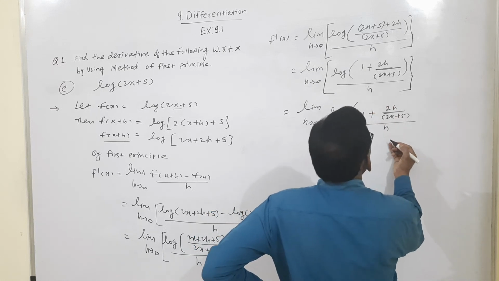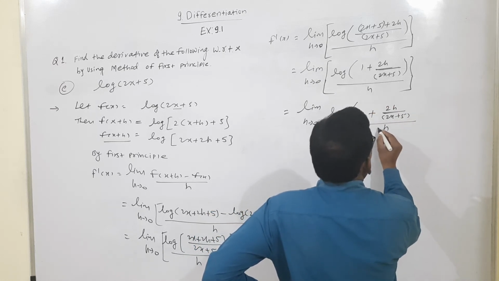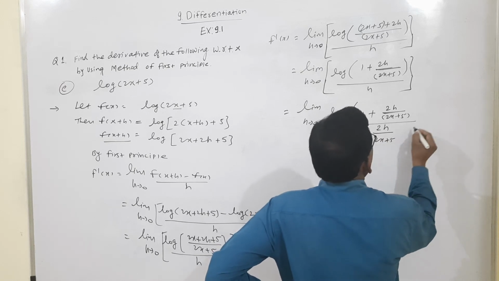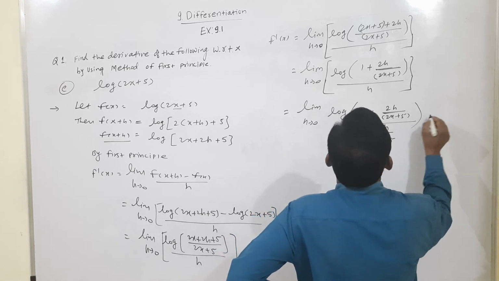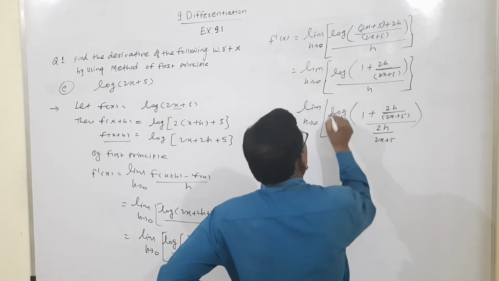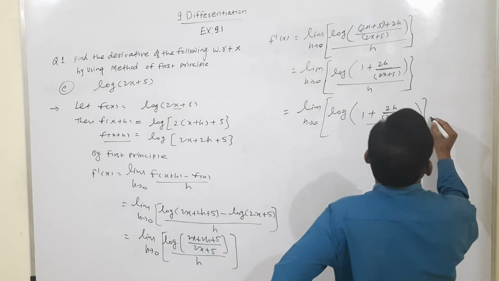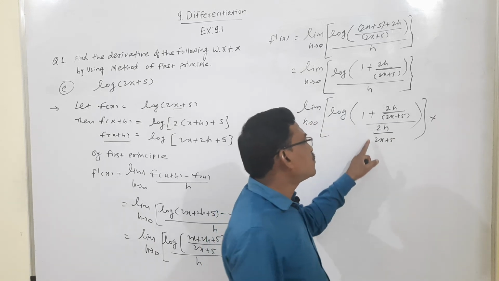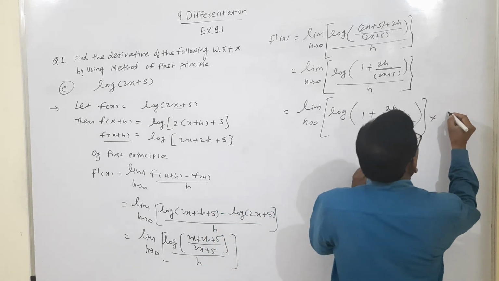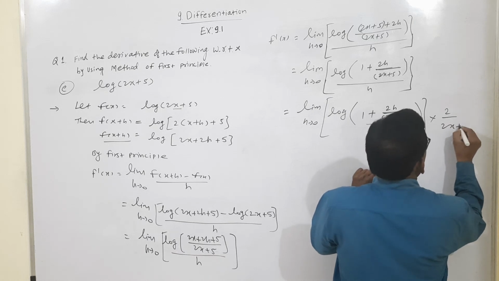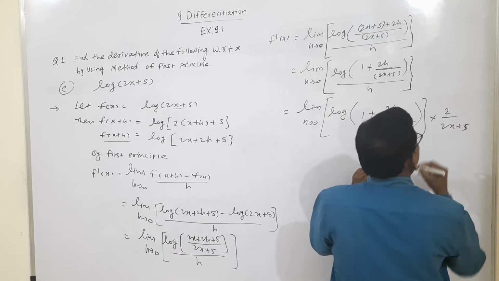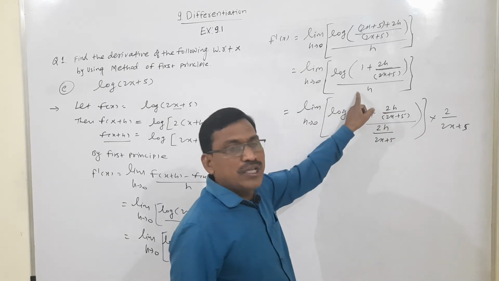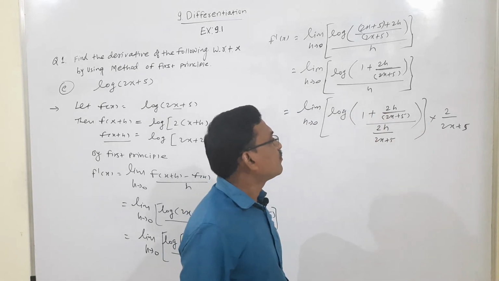Here also we multiply and divide, adjusting 2 upon 2x plus 5 into, we divide and multiply these two terms, 2 upon 2x plus 5, 2 upon 2x plus 5. We adjust here because here is only h, that's why we adjust this.